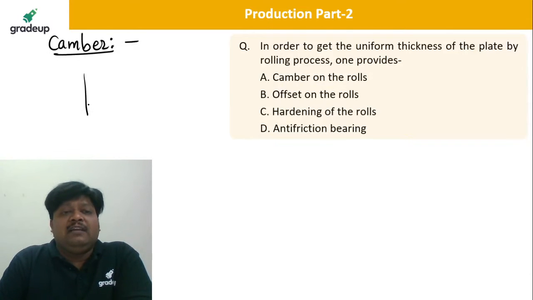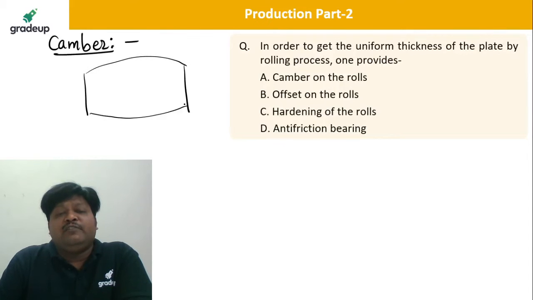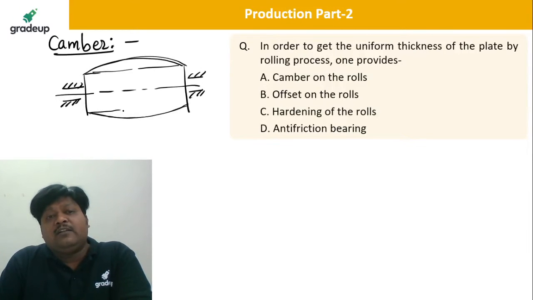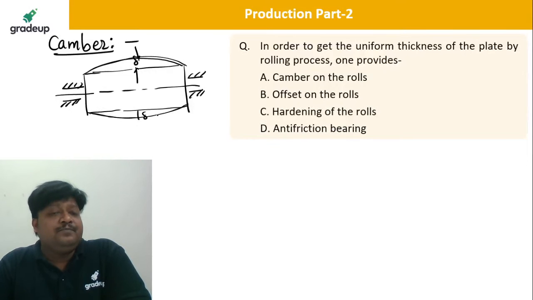So dear students, I will just give you a hint. Consider the roller as a simply supported beam with uniformly distributed loading. There will be a deflection you can observe at the center of the roller, say delta, the deflection at the center of the roll.